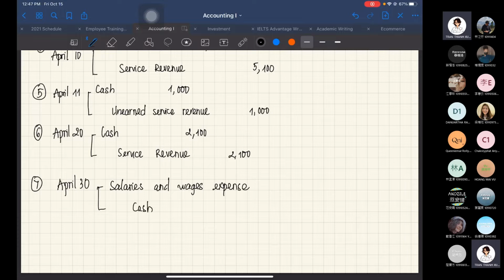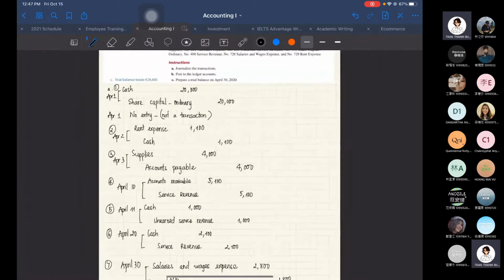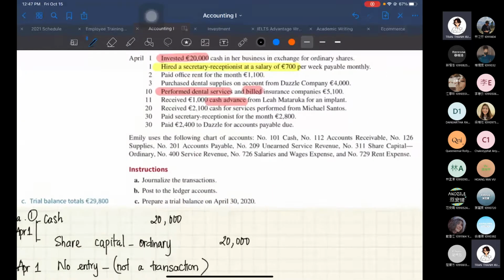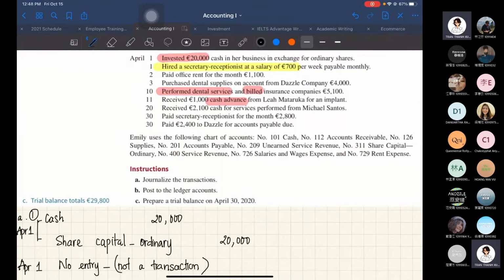We pay by cash, so we recognize cash. And there was another transaction on April 30. Paid 2,400 to Dazzle for account payable due. Can you tell me which transaction we had related to Dazzle Comedy?